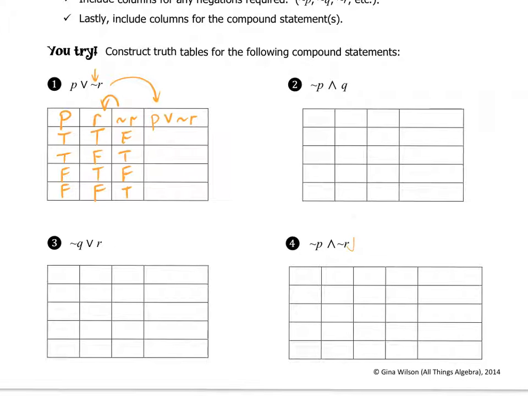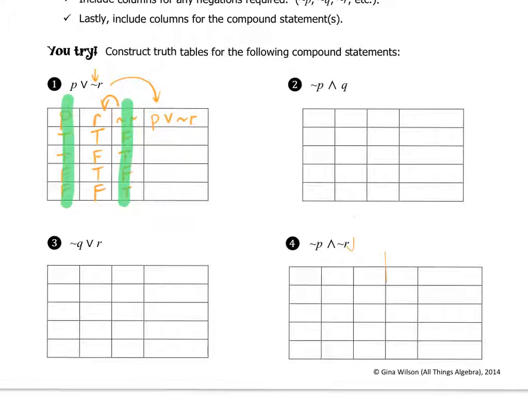Finally, we are looking for P or not R. The columns that we need to pay attention to, let me see if I can do this with the highlighter, are the column P, which is right here, and the column of not R. Only these 2 columns we need to combine.